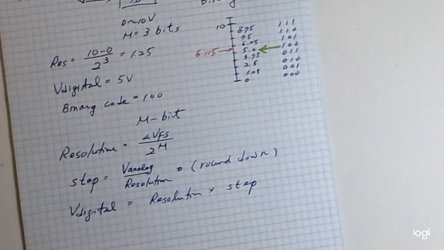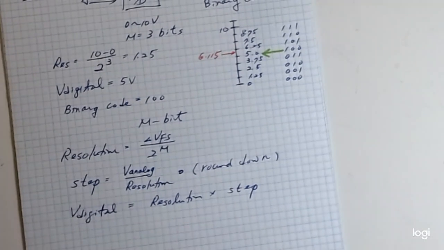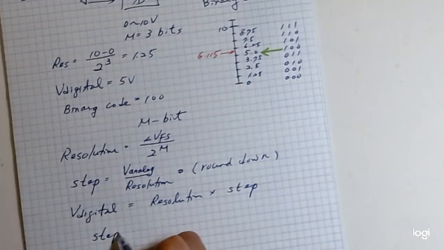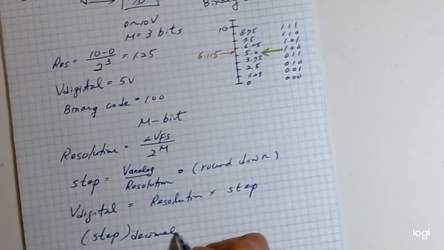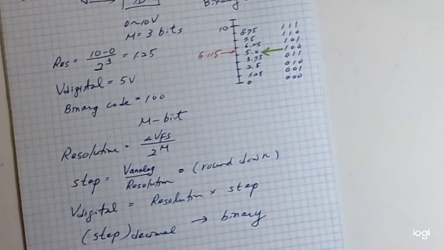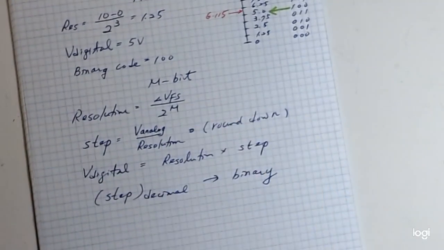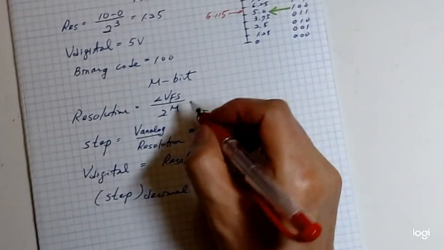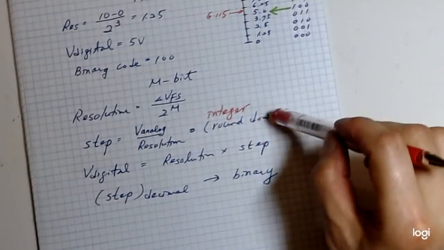And how about the binary? The binary code will be you take the step, which is in decimal, and represent it in binary. So this is the general approach. You find the resolution, you find the step, but make sure the step itself needs to be an integer, and then you need to round down the number.